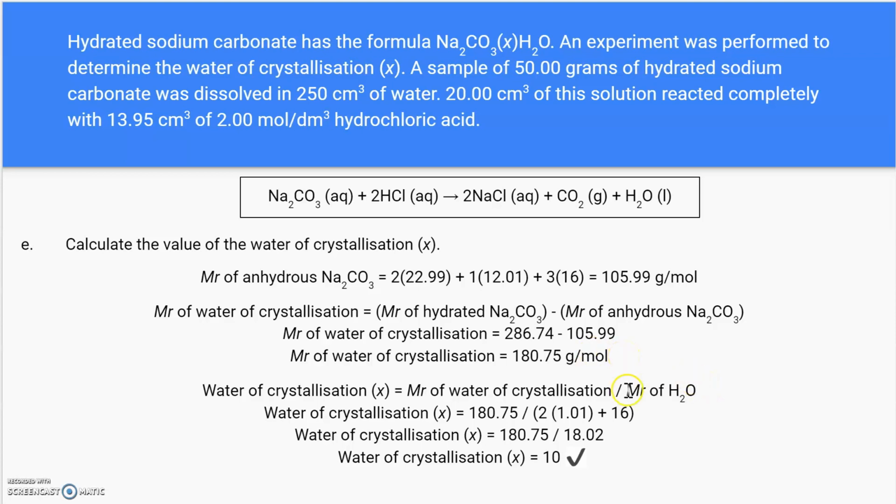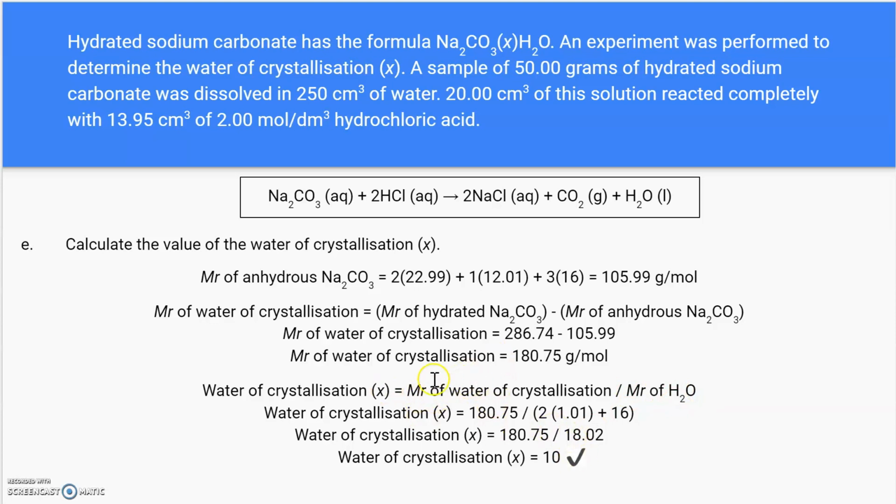Now, having that piece of data allows us to find the water of crystallization itself. If we divide that molar mass of the water of crystallization by the molar mass of water, we just get the water of crystallization itself. So let's go ahead and do that. We already have the molar mass of the water of crystallization, and we can obtain the molar mass of water from the periodic table.